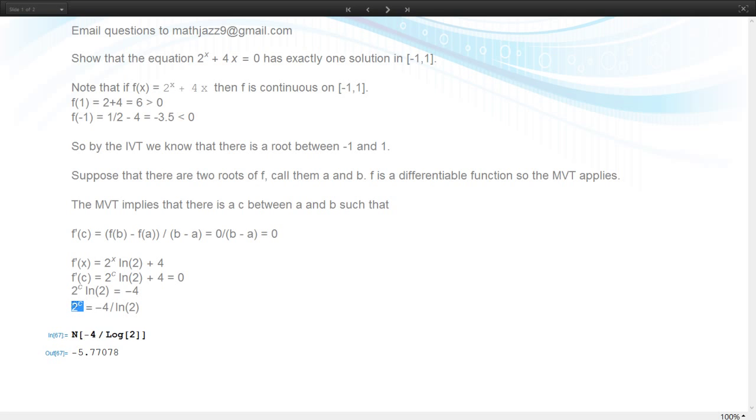Now we know that 2 to the c is a positive number. That's the problem, since 2 to the c is a positive number, that means that somehow this positive number equals this negative number, and that's a contradiction.